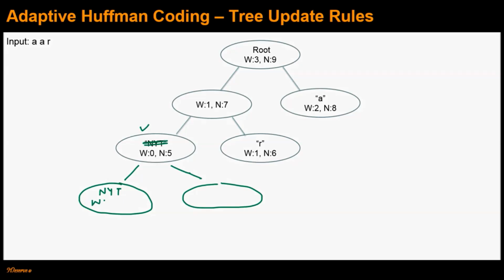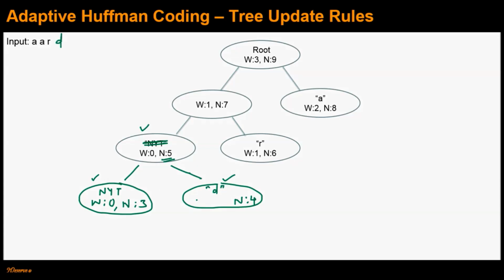Then the weight for this node would be 0 and N would be updated to 3, right? Because the N for the previous NYT node was 5. So the N for the new NYT node would be 3 and the N for the right new node would be 4. The value for this node would be D because the next input character is D.